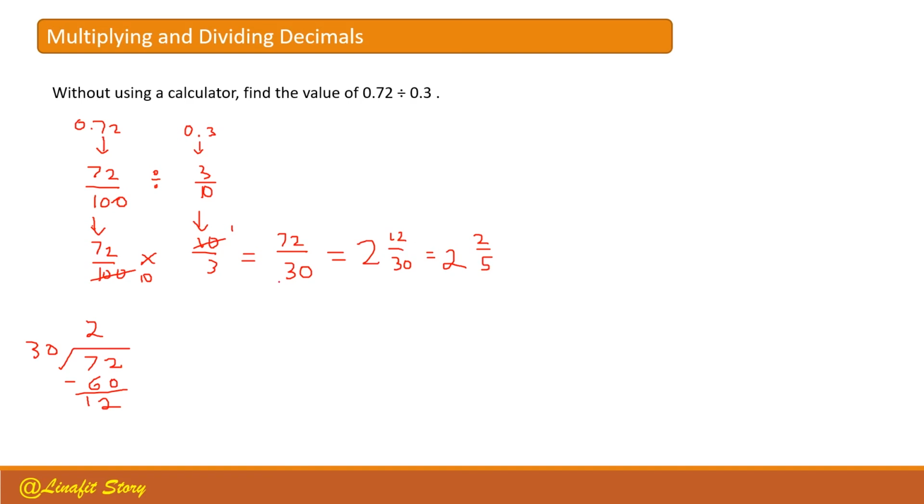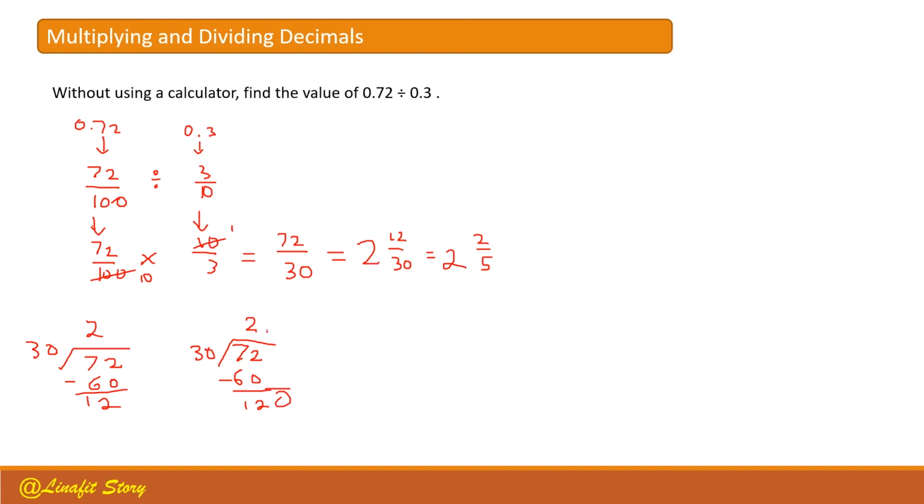Then if you want to convert it to decimal, so 72 out of 30. 30 times 2 is 60. 72 minus 60 is 12. And after that, put the 0 here because you cannot divide 12 with 30, right?